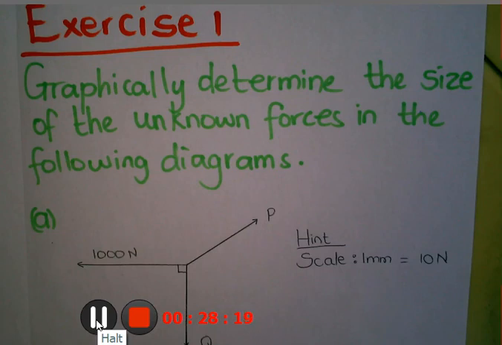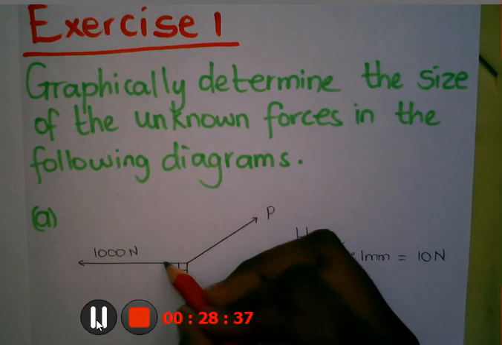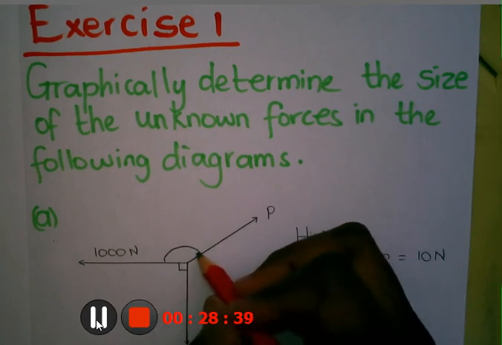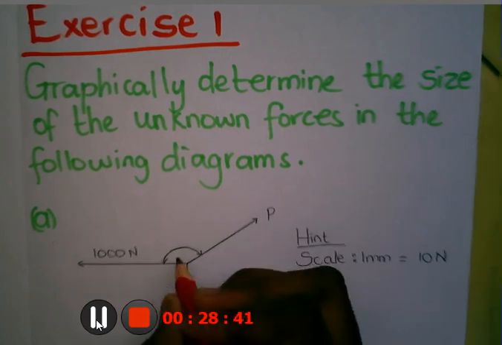Okay, I'm leaving you with an exercise to complete. Exercise 1. The instruction is graphically determine the size of the unknown forces in the following diagrams. This is diagram A, and then diagram B is below. I'll show it to you now. Now, in the first diagram, this is 150.